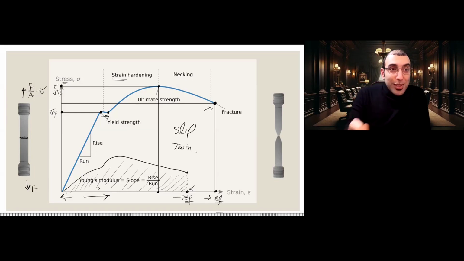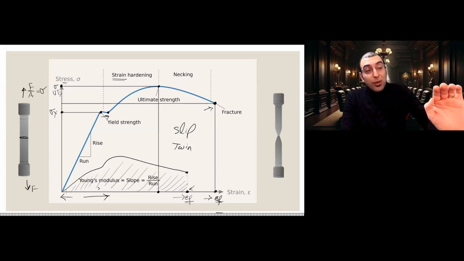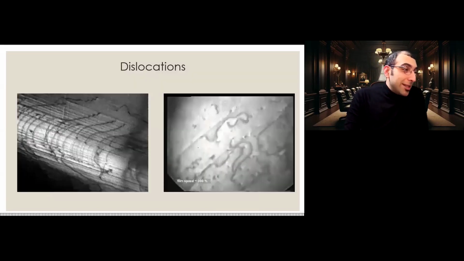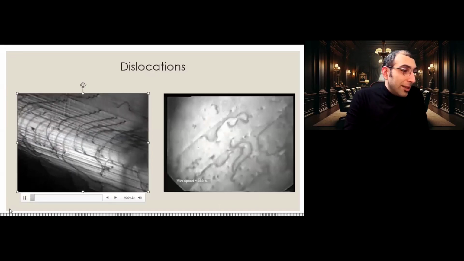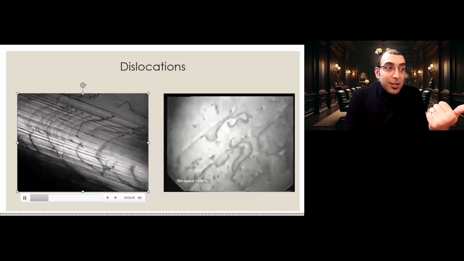To close this video, I have two nice videos of dislocations, these half planes, under a microscope actually moving through the material when the material is under load, and that's this slide. So let's first look at the image on the left. These lines are dislocation lines.